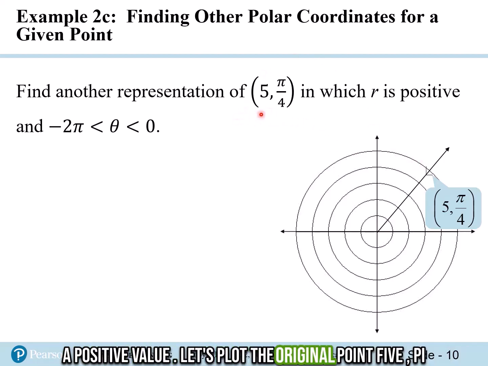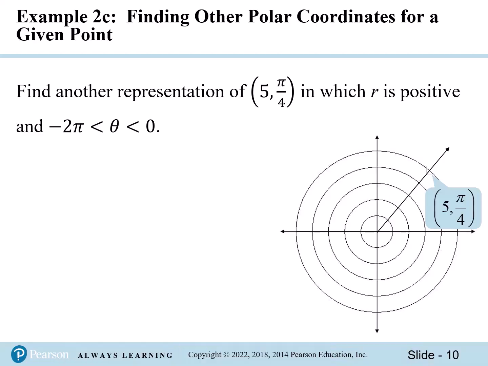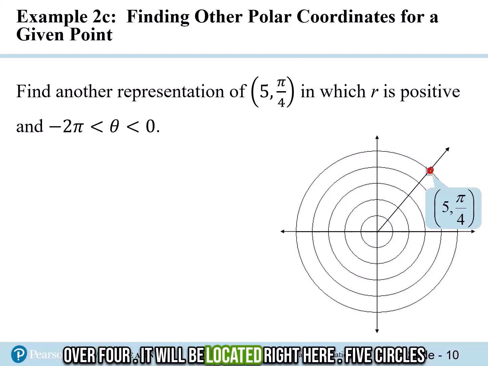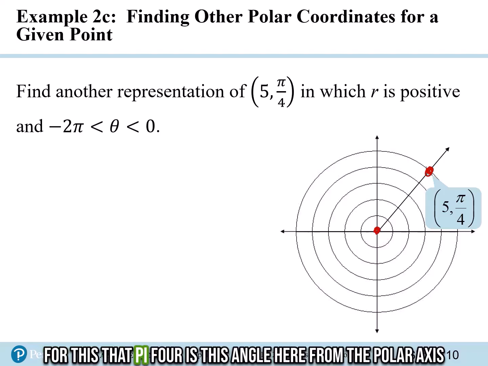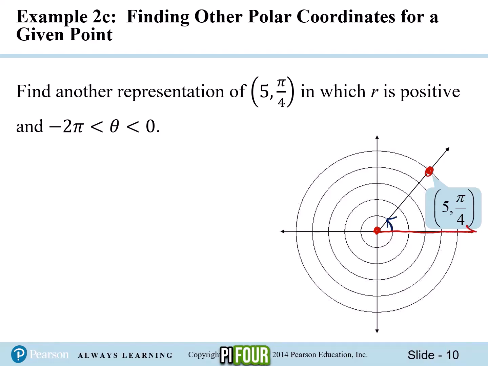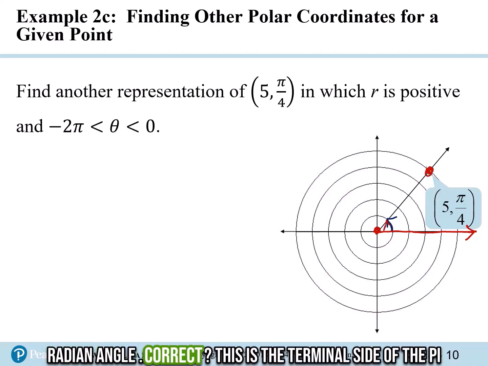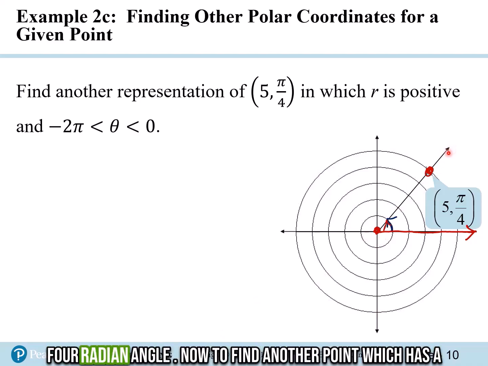Let's plot the original point 5 comma pi over 4. It will be located right here, 5 circles away from where the pole is, and the angle for pi over 4 is this angle here from the polar axis to the pi over 4 radian angle. Correct? This is the terminal side of the pi over 4 radian angle.